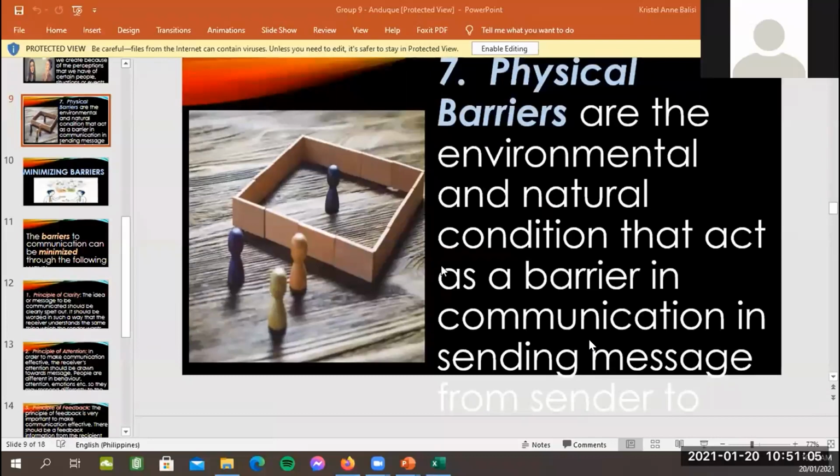Ito po yung barrier na kunwari po, ako po maliit, sa flight attendant po, kailangan po niya ng matatangkad para po maabot yung mga cabins. Ako po gusto ko po maging flight attendant, pero hindi qualified yung height ko para sa pagiging flight attendant. Ganun po. Next po.